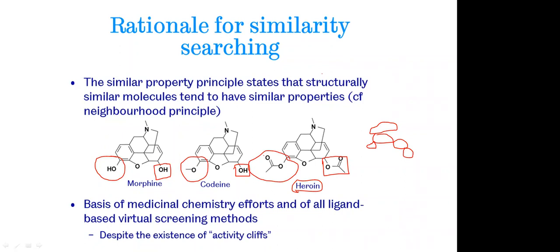Whatever we are considering for searching in that compound, its geometry will be searched. It will not look at any functional groups or any functional moieties. It simply looks at the geometry of that compound.